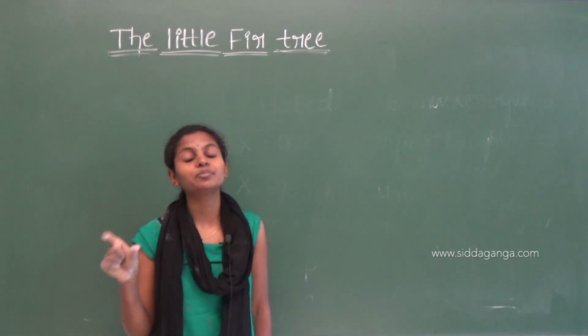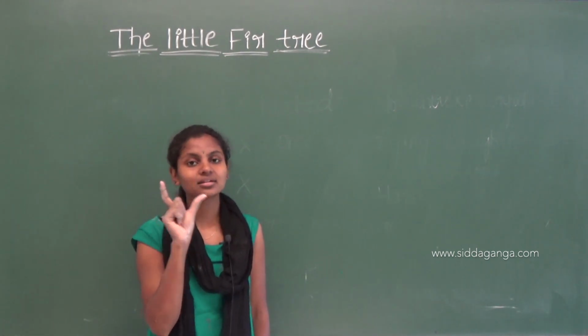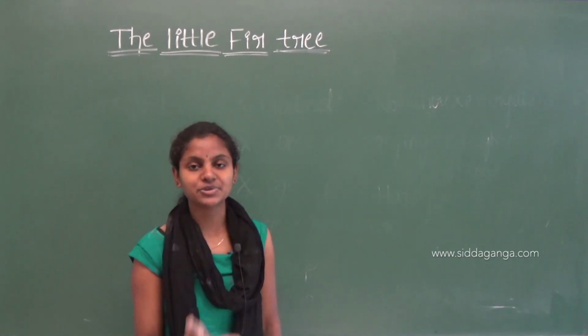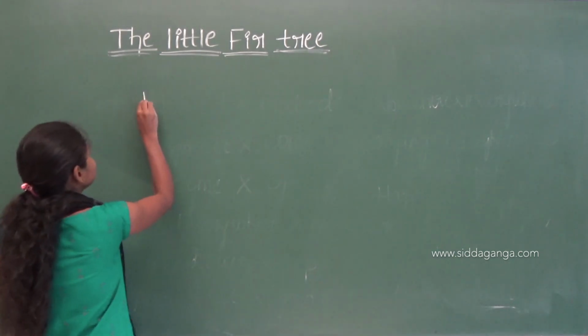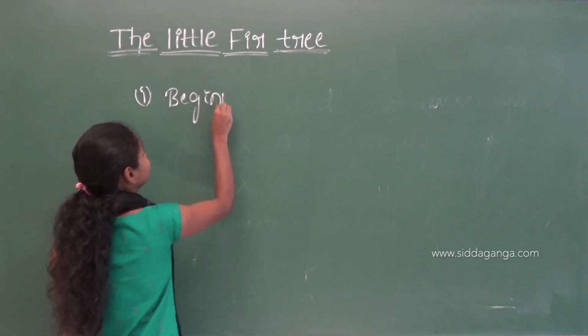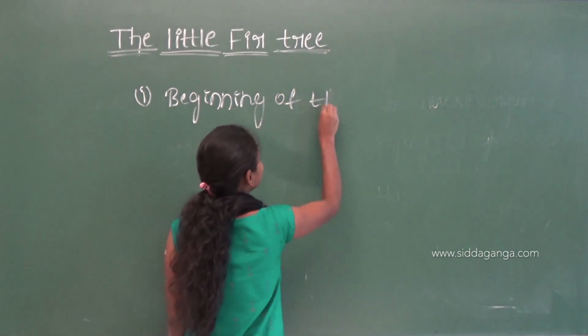After the full stop, you have to put the first word as capital. So, these are the rules to use capital letters. The first one is the beginning of the sentence.